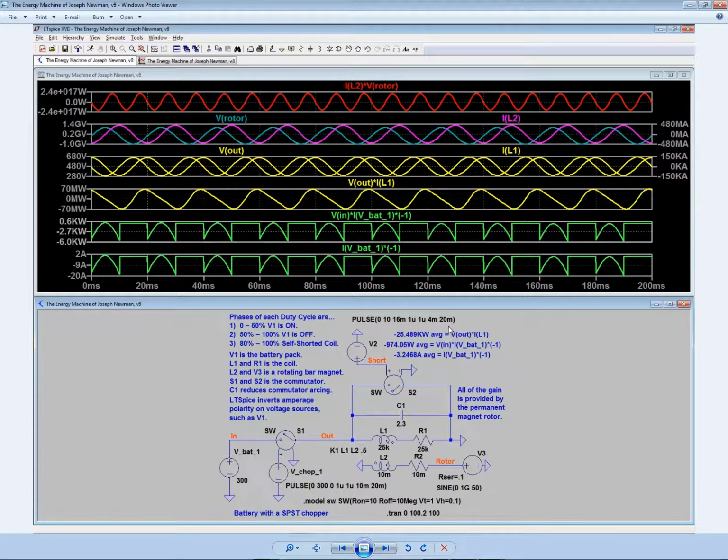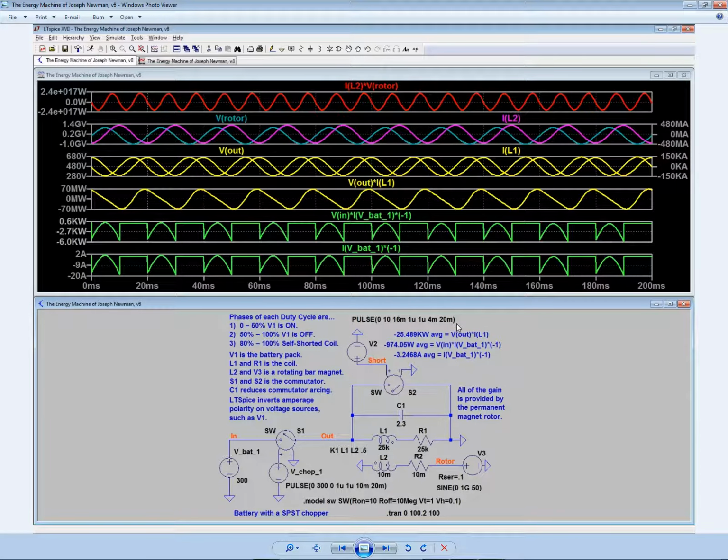Taking into account he had 20 divisions on his commutator, each revolution we multiply by a factor of 20. So it came out to be a little over a 20 millisecond duty cycle, and I just averaged it down to 20, a whole number, to make everything easy for myself, because I had a simulator. I don't want to make this too difficult. But that's pretty close.